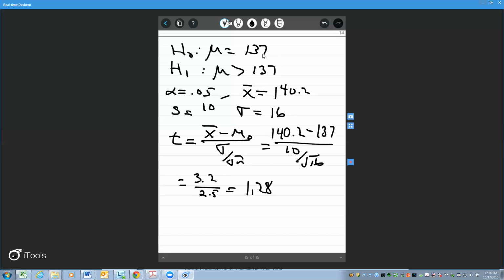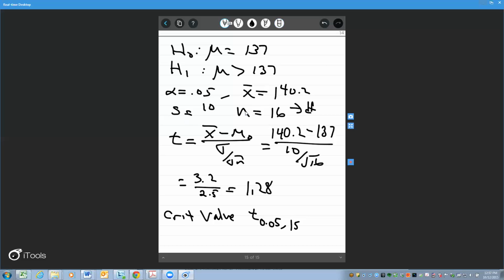So let's look at our critical value. Again, because this is a one-sided test, I'm putting all the probability into one end, so I'm going to use the 0.05 column. I'm going to have 15 degrees of freedom because n was 16.